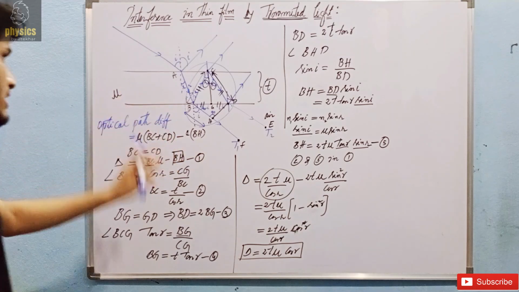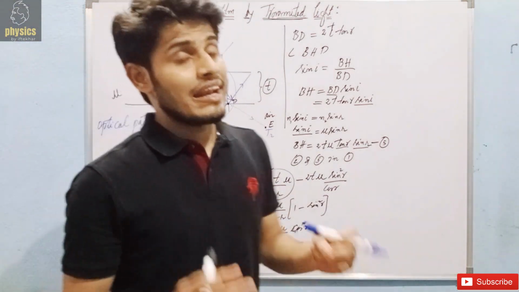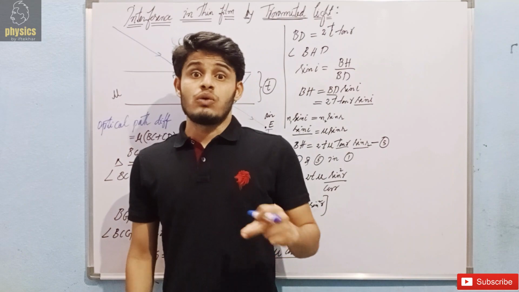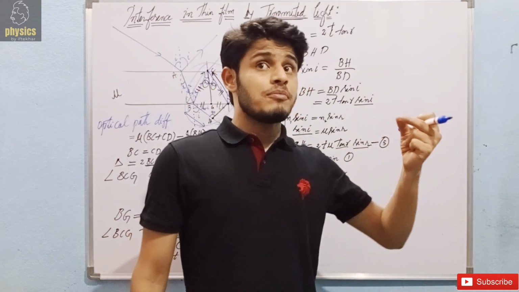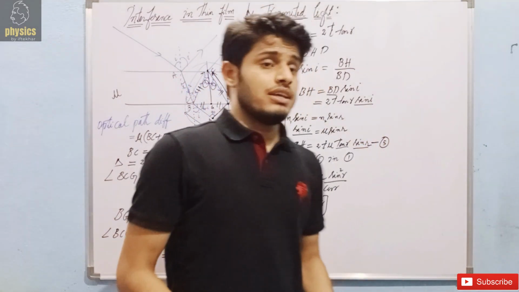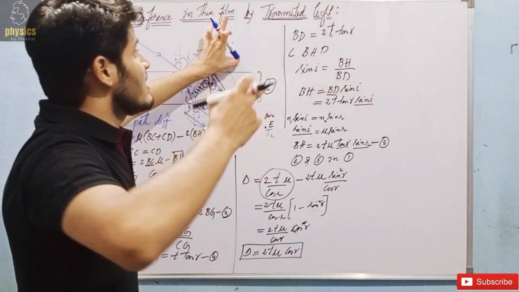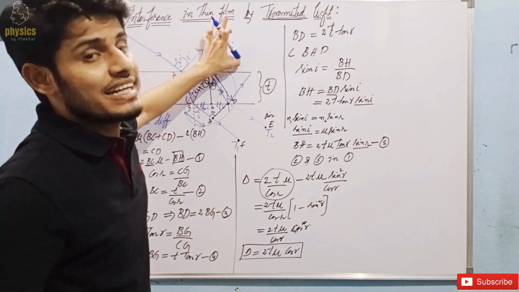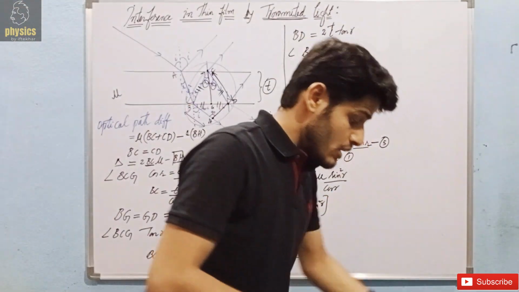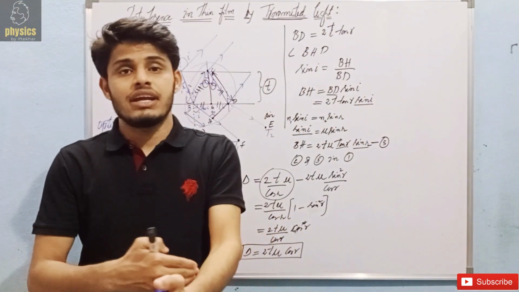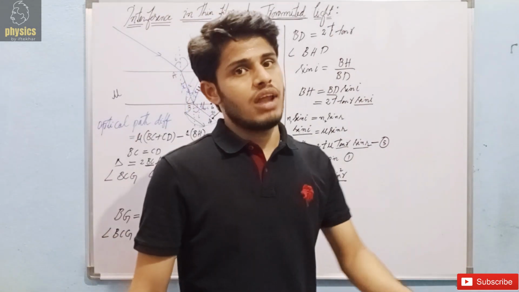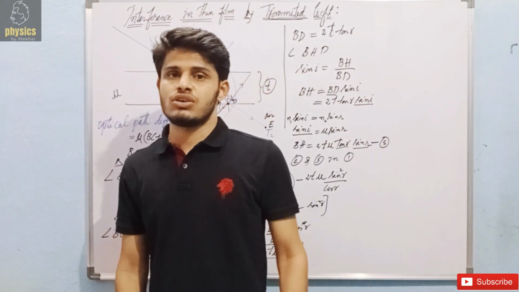of the optical path difference of the reflected light rays. But when it comes to finding the true path difference for the reflected light rays, we got one additional factor for the path difference, that is due to the reflection. Due to the denser medium, the light ray was getting a path difference of lambda by 2 and the phase difference of pi.